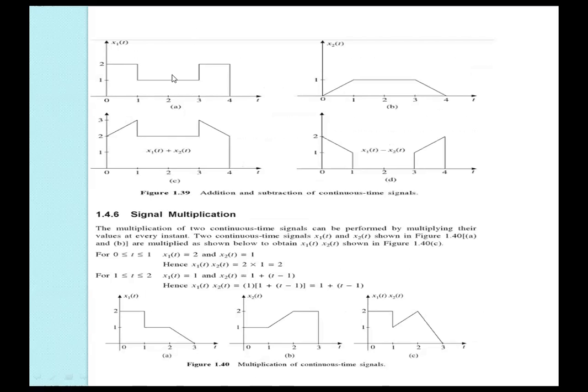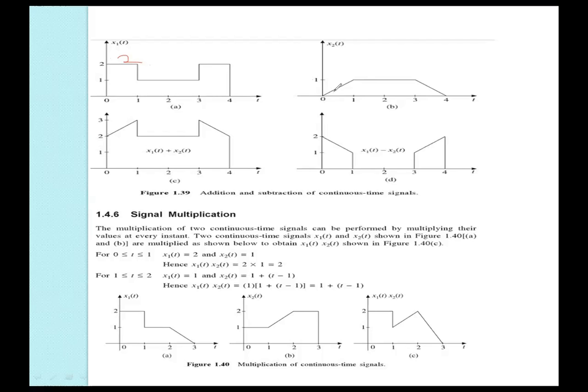Take the example here: the two functions x1 of t and x2 of t. In the range 0 to 1, the magnitude of x1 is 2. And for x2, from 0 to 1, the magnitude slowly increases up to the value of 1. So at 0, 2 plus 0 is 2 only.